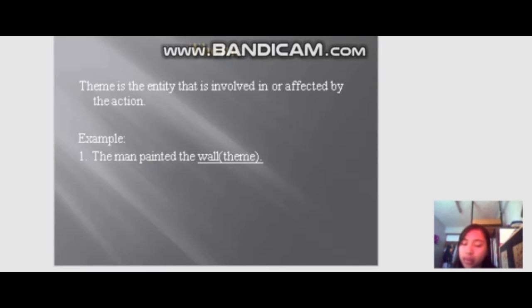Next, theme. So what is theme? Theme is the entity that is involved in or affected by the action. Let's see the example. "The man paints the wall." The theme of this sentence is wall.